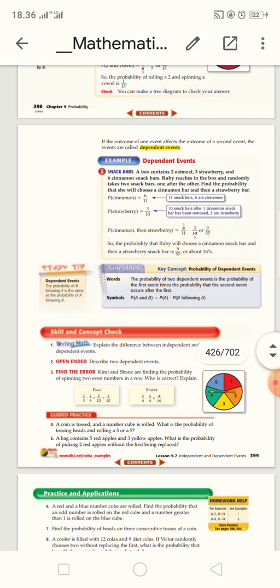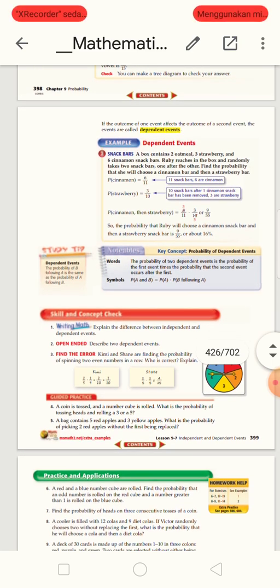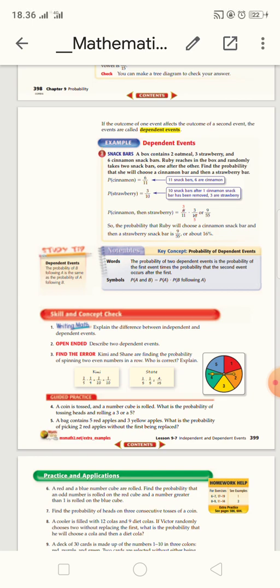So the probability that Ruby will choose a cinnamon snack bar and then a strawberry snack bar is 9 by 55, or about 16 percent.